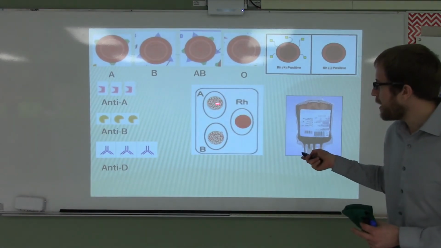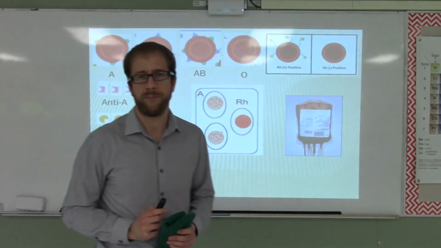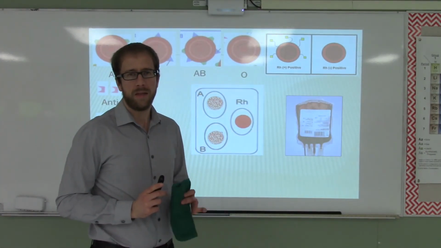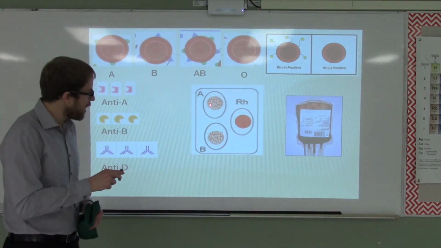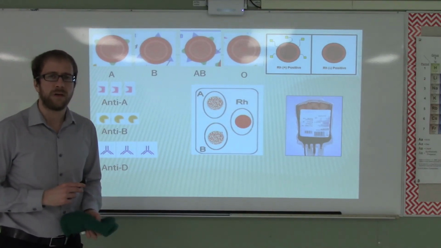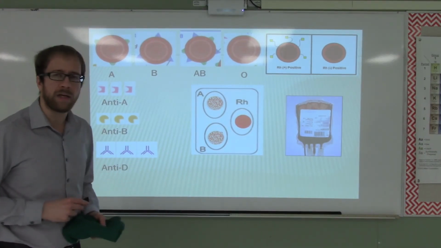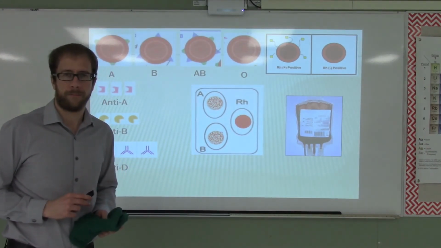Next up, we have this individual here. They have agglutination in A and B, but not in Rh. What is this blood type? This is type AB negative. So what blood types can someone who's AB negative receive from?